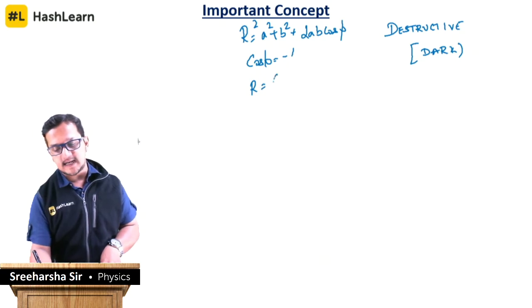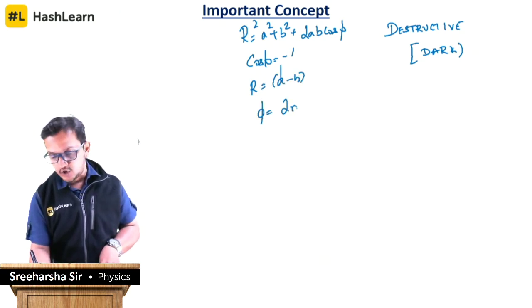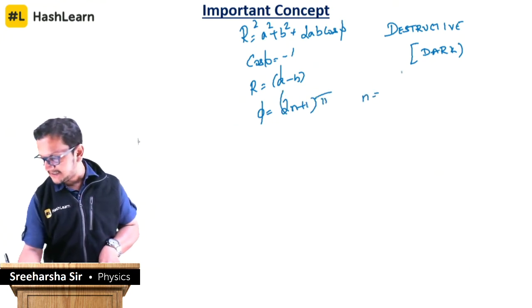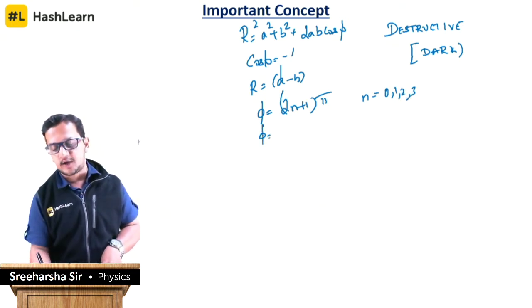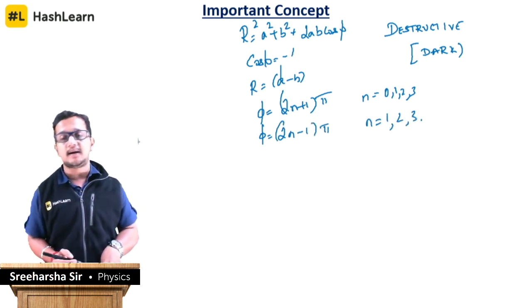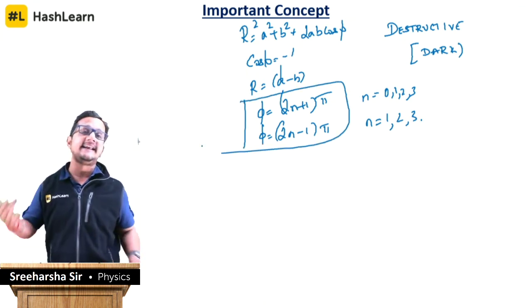Then you will have R equals a minus b, and the condition is (2n plus 1) times pi, where n is equal to 0, 1, 2, 3, or you can also use the equation (2n minus 1) times pi, but n value is 1, 2, 3. So these two conditions, you can remember any one.